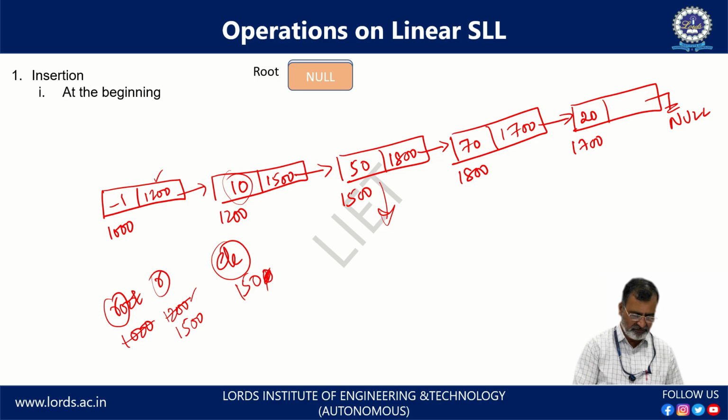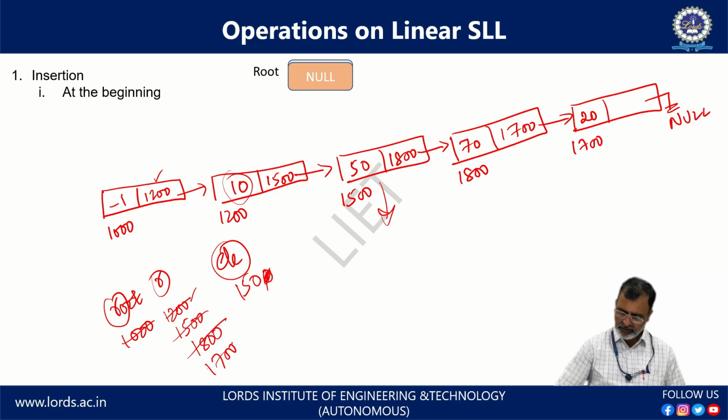Then it is not satisfied, so R's value now becomes, say, 1800. In 1800 the data is how much? 70. 70 is not equal to 150, which is also fine, so it still has to perform next. Say 1700. 1700's data is how much? 20. 20 is not equal to 150 is again satisfied.